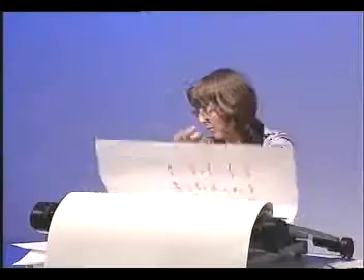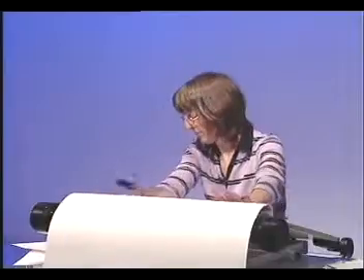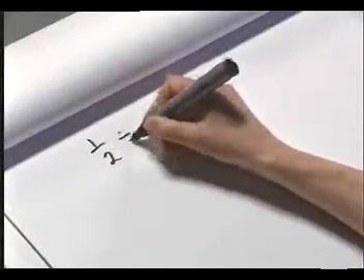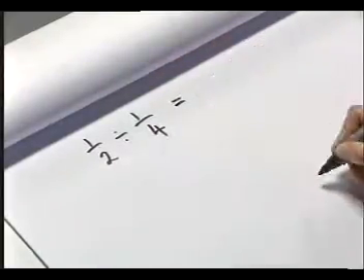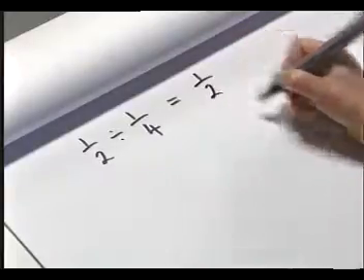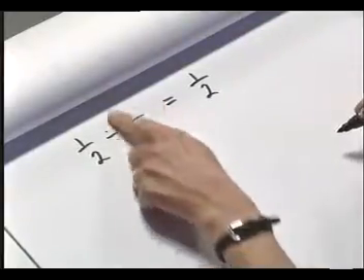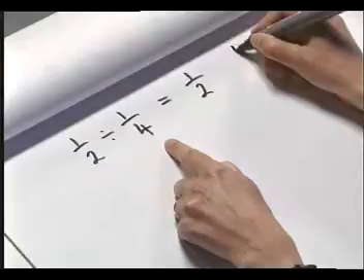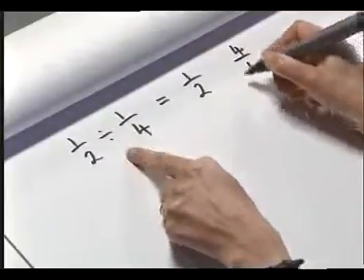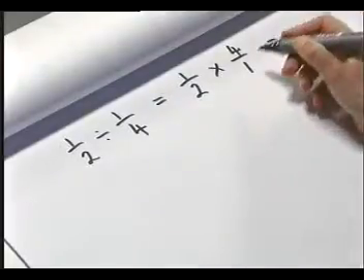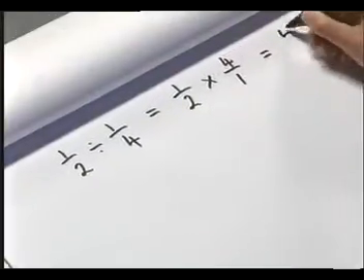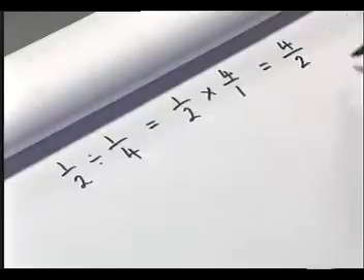Let's do some more examples. Let's do a half divided by a quarter. So we have a half, we take the divisor, we turn it upside down, and instead of dividing, we multiply. So what we have here is 1 times 4 over 2 times 1, which is 2.